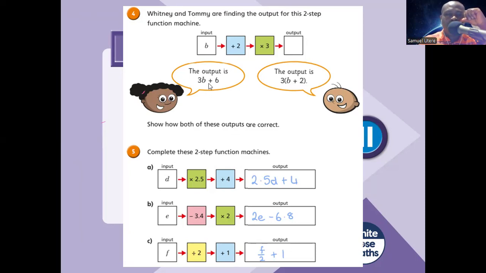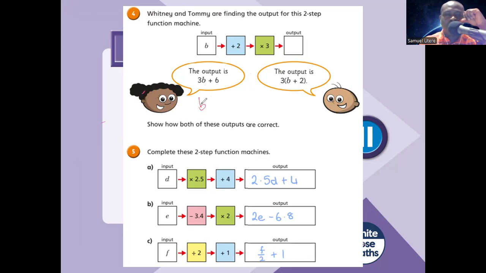So if we have b plus 2, it's like saying we have b plus b plus b, and then plus 2, which is a different block. Because we're making 3 lots of that, we can then make 3 lots of the b and 3 lots of the 2. Remember, b plus 2, we can write it as separate bars like this.